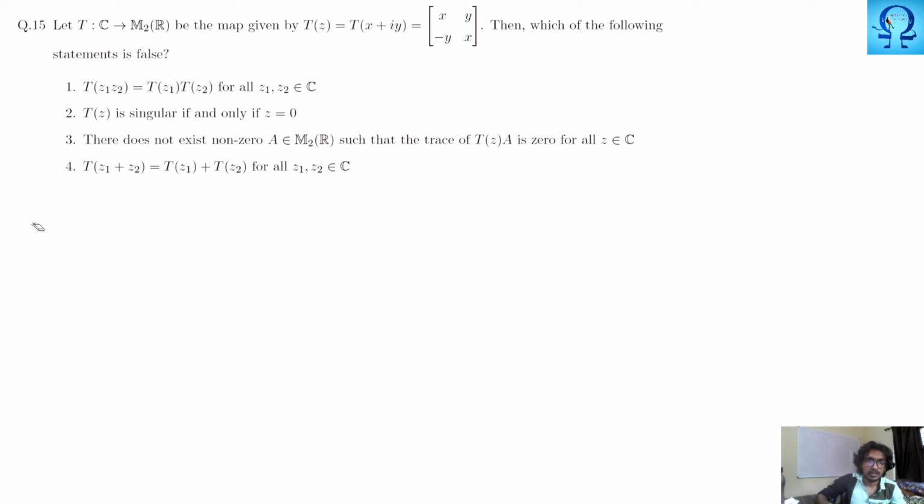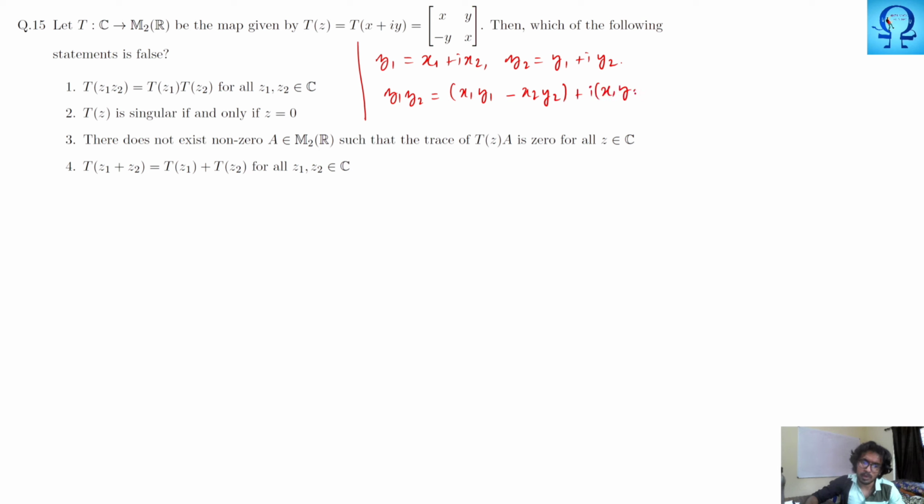Right? So here, if I write my z1 as x1 plus iota x2 and z2 as y1 plus iota y2, or you may take the other way around, it is completely up to you. So what would be my z1 z2? It would be x1 y1 minus x2 y2 plus iota times of x1 y2 plus y1 x2.